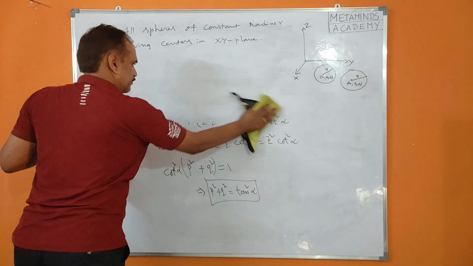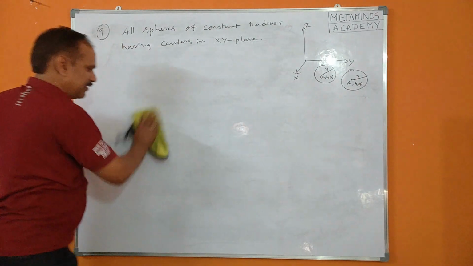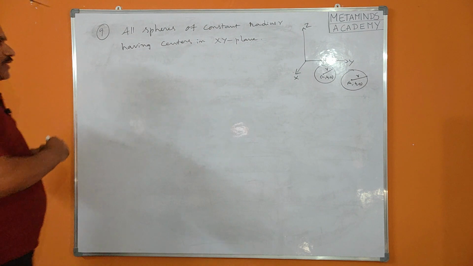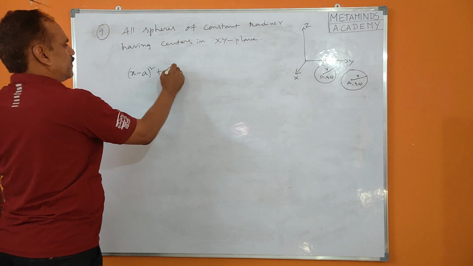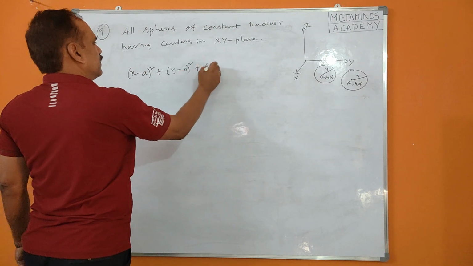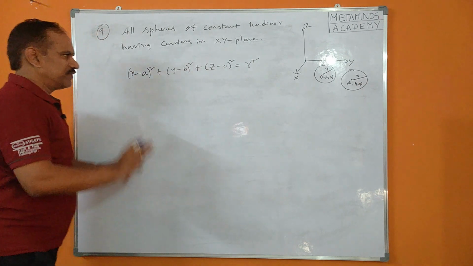Therefore, this sphere equation will be x minus a whole square plus y minus b whole square plus z minus 0 whole square equal to r square. Here r is constant, right?